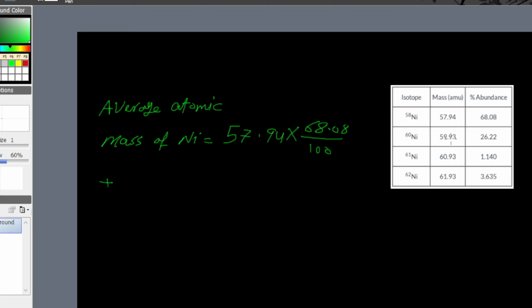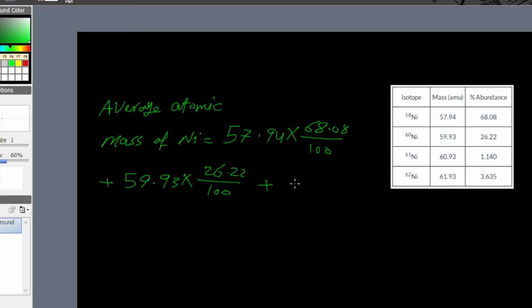So the mass of nickel 60 is 59.93 times its percentage of abundance, which is 26.22 over 100, plus nickel isotope 61.